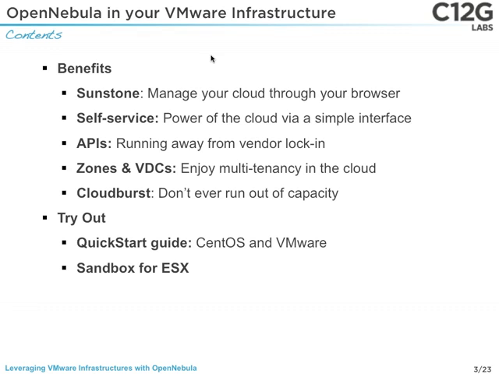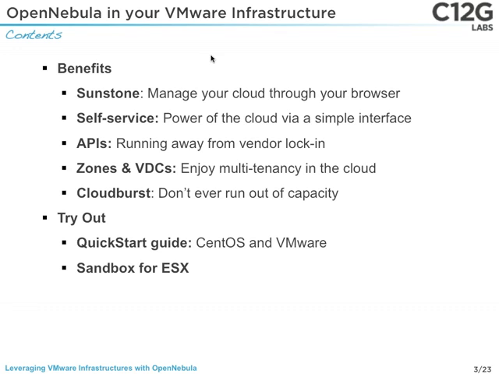We'll talk a bit about the different APIs that OpenNebula offers in terms of managing the cloud, and some other benefits that you can get by installing OpenNebula to control your VMware infrastructure, like, for instance, the ability to define different zones and define virtual data centers, so you can bring multi-tenancy into your cloud.